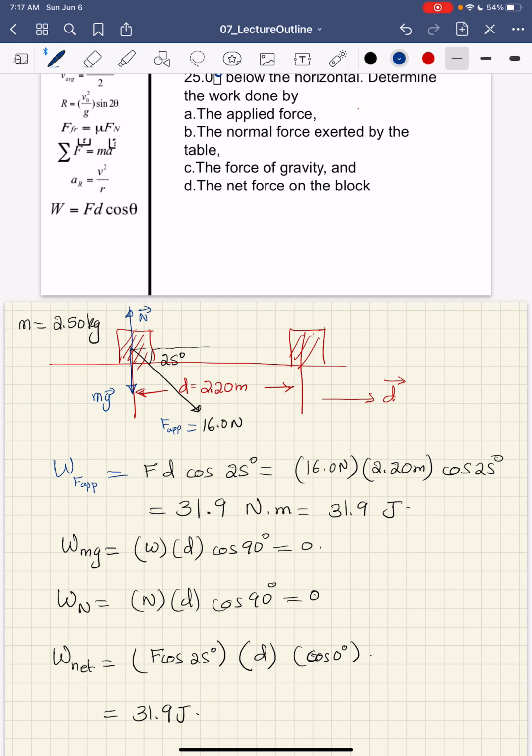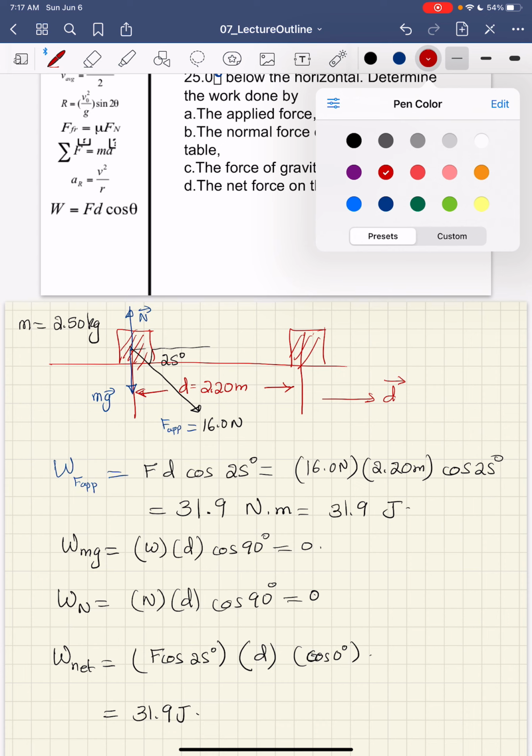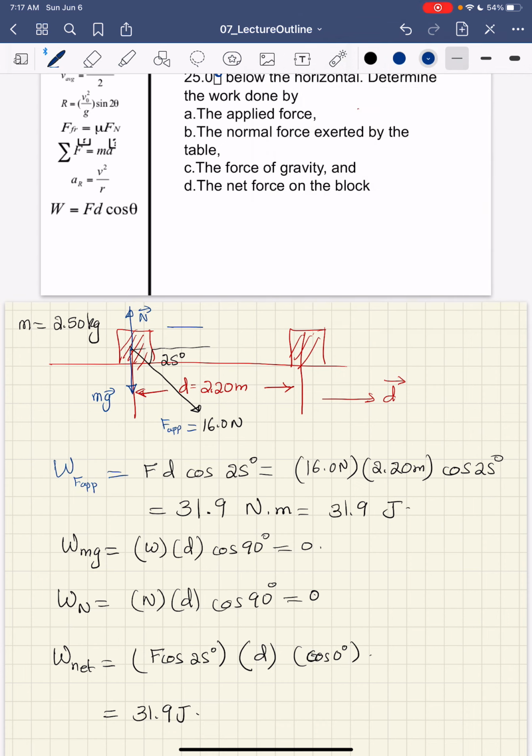The work done by mg, which is the work done by the weight, is going to be 0, because if you look at the displacement vector, let me put it in green here, d, it will be 90 degrees. Also, the work done by the normal is again 0, because of the 90 degrees rule.